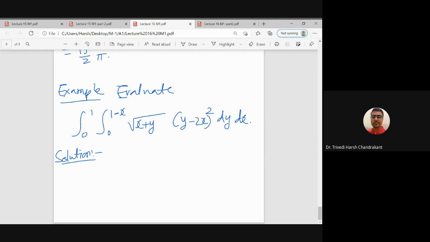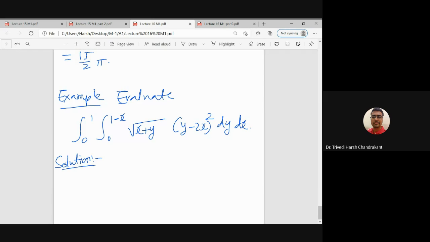Rather, if we substitute the variable x plus y equals u, and if we substitute y minus 2x equals v, then our function will become square root of u times v squared. And such a function is easy to integrate in variables u and v rather than integrating square root of x plus y and y minus 2x squared.